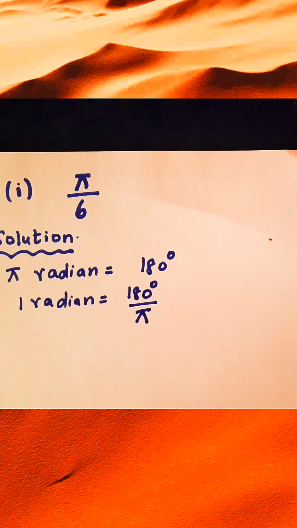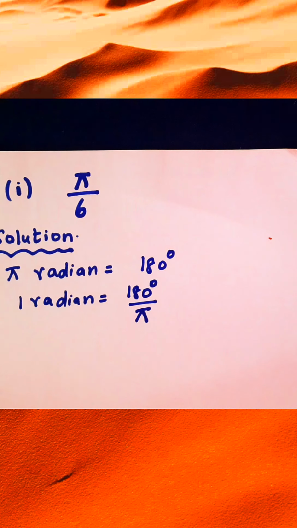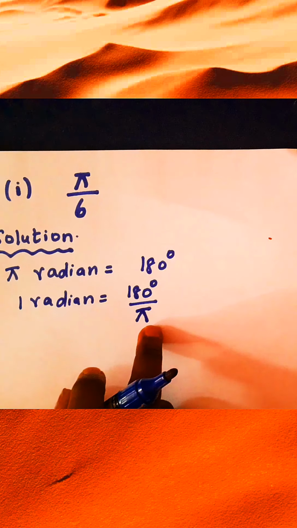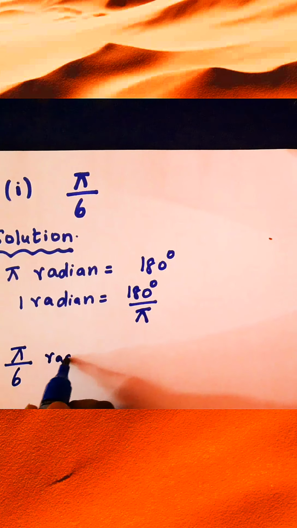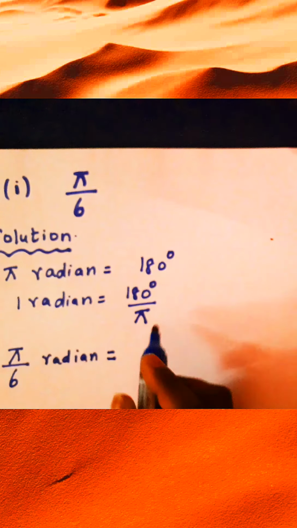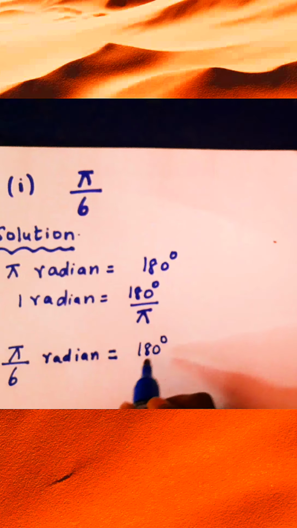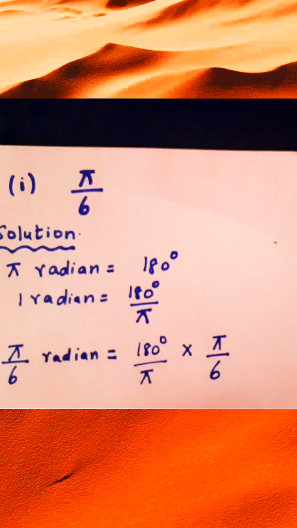Now to convert this pi by 6 into degrees, we just multiply with 180 degrees divided by pi. So pi by 6 radian is equal to pi by 6 multiplied by 180 degrees divided by pi.